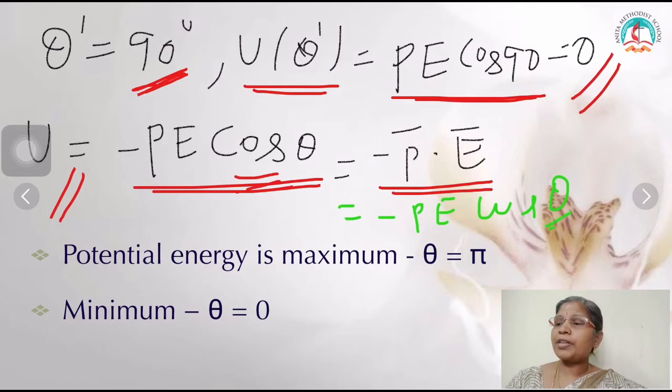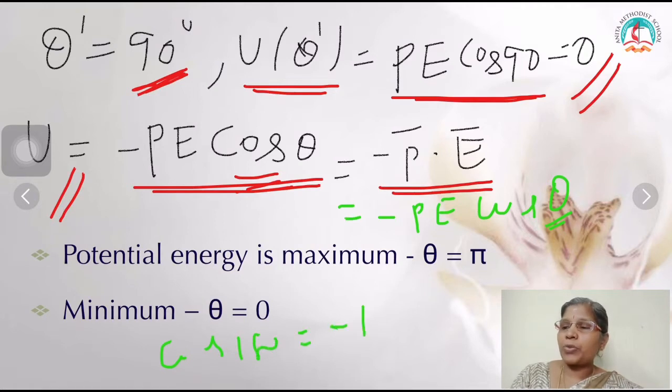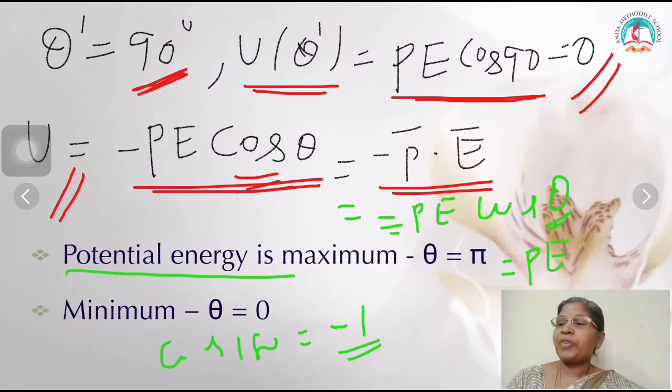Now I am substituting theta value equal to 180. What is the value of cos 180? Cos 180 value is equal to minus 1. So minus of minus, I will get plus. So this is the maximum value of potential energy when theta value is equal to 180 degree, or pi.